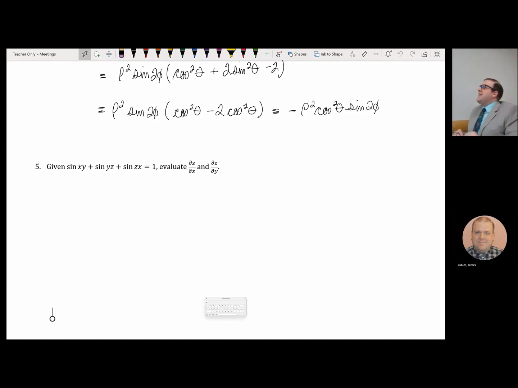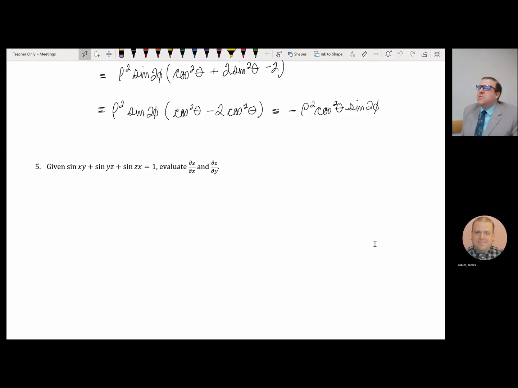So here we're going to look at an application of the chain rule. Notice that we're given an implicitly defined multivariate function. Well, in Calc 1, you would have used implicit differentiation, right?